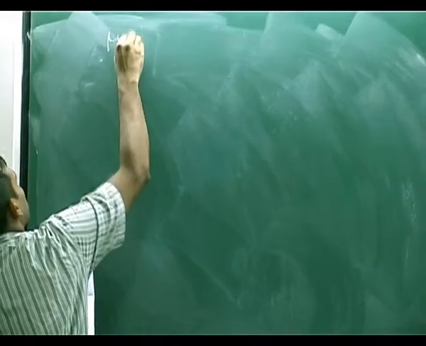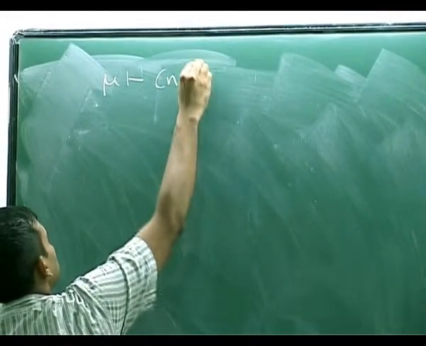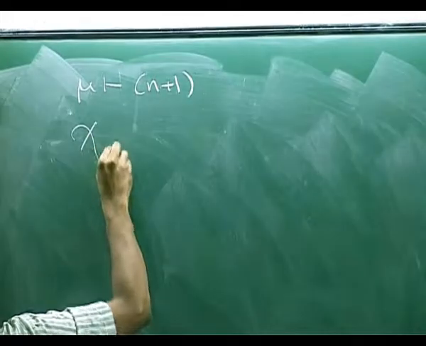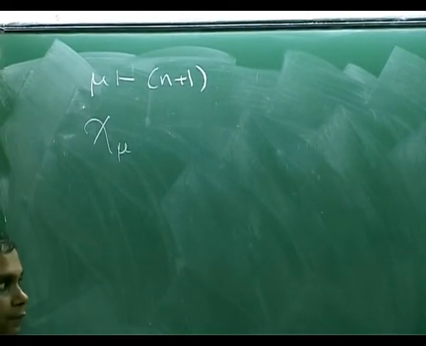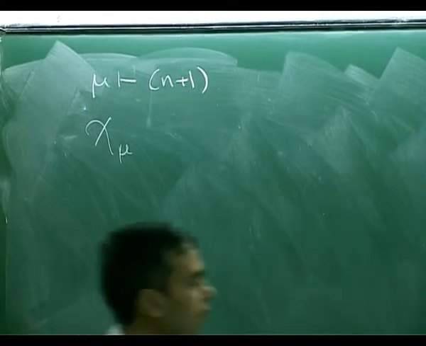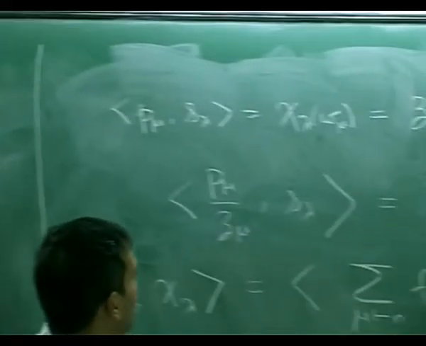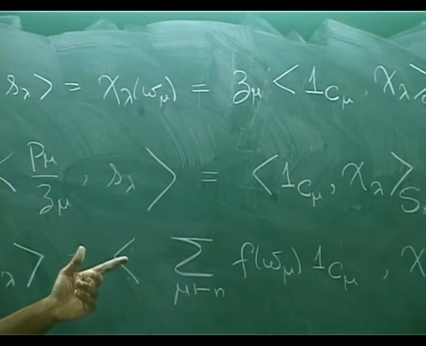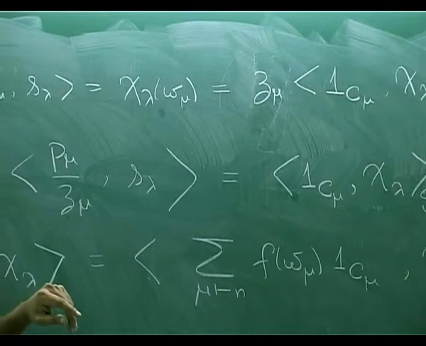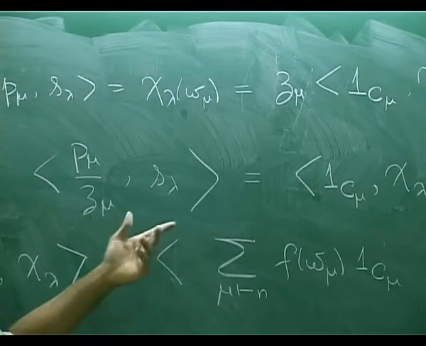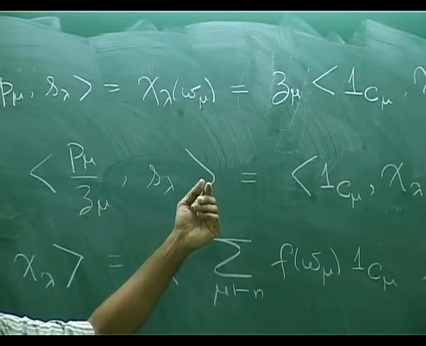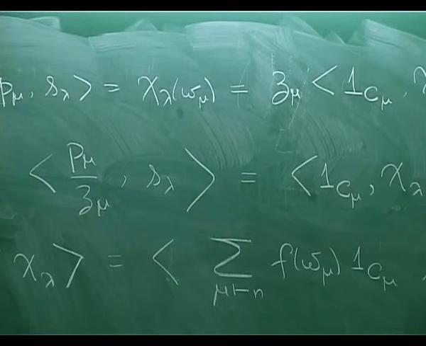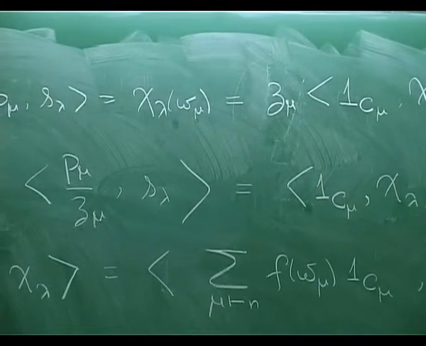So take mu a partition of n plus 1, take chi mu. Does this inequality have a name? I guess it's pretty close to the Murnaghan-Nakayama rule, so I guess it doesn't have a separate name, not that I know of.